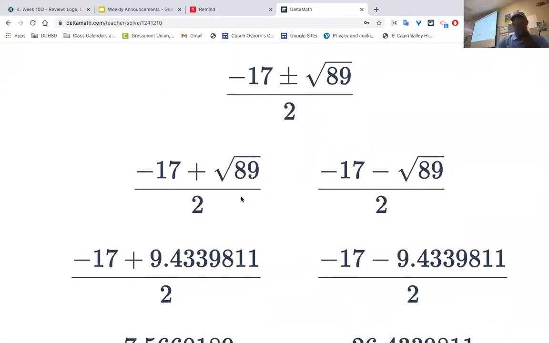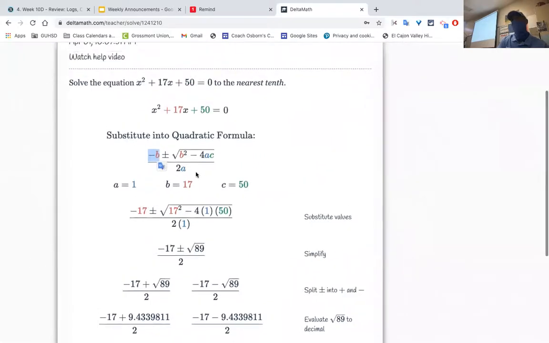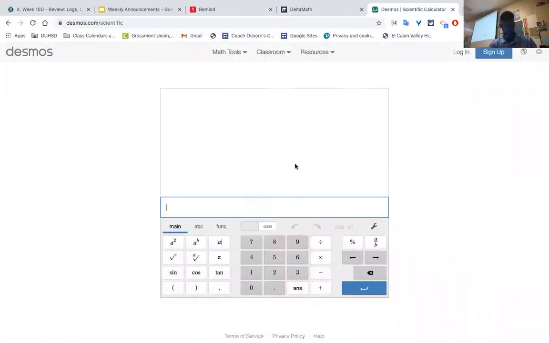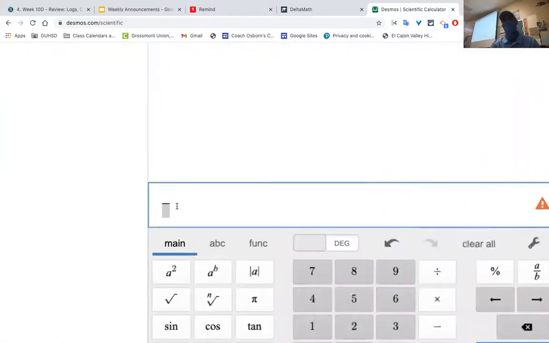Now, one thing you guys can do is Desmos is really helpful with this. So if you can at least set this up in the formula like that, you can use Desmos for the rest. I wonder if this will actually let me copy. I can make it easy on myself. No, it won't. Okay, so Desmos, that's the thing of why I like it. First, I hit the divide button. That way I get that little fraction symbol.